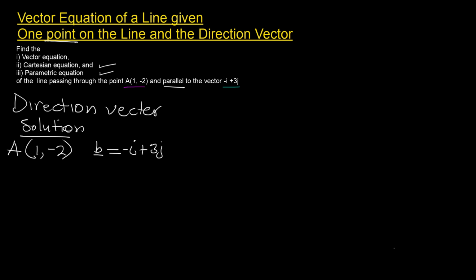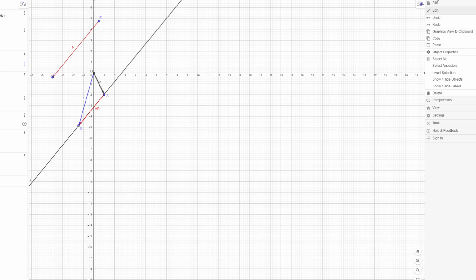I have tried to put this on a diagram so we can see how it looks. I'm using GeoGebra, a free online software. This is the direction vector. It is parallel to this line. From the origin, we have our vector A, and that is the point (1, -2) on this diagram.